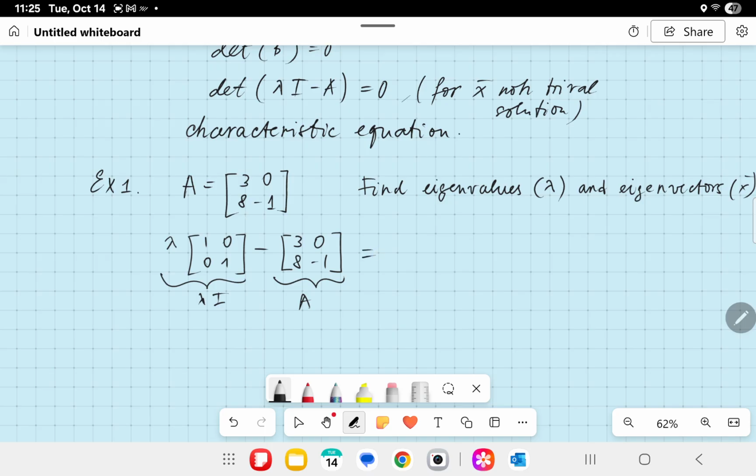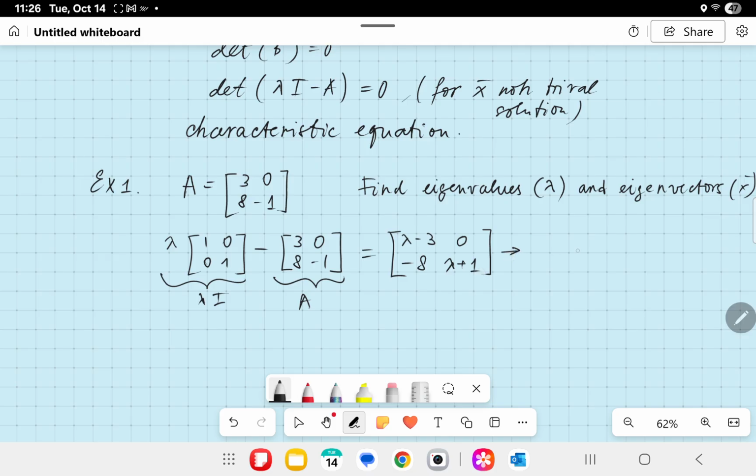First I'm calculating the matrix inside the determinant, and then I'm going to compute the determinant. When we subtract two matrices, we subtract them entry by entry. So we have lambda minus 3. Next, lambda by 0, which is 0, minus 0, which is still 0. Lambda by 0 minus 8, just minus 8. And lambda by 1, minus 1, plus 1. So that's going to be my matrix.